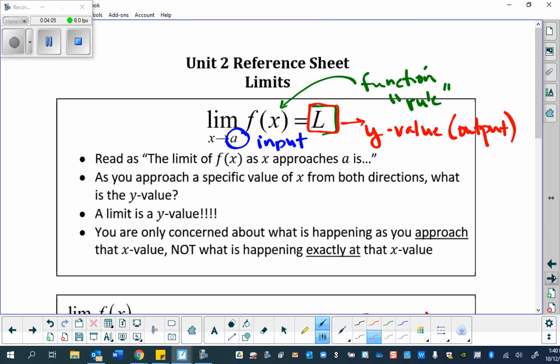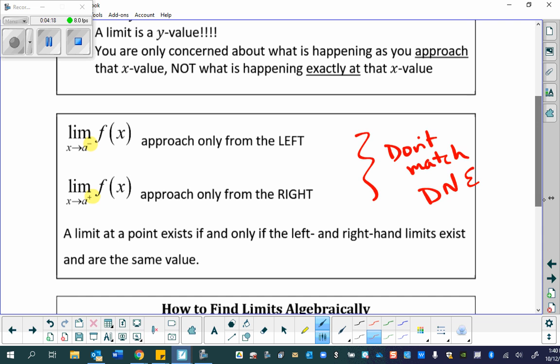Okay. Our reference sheet reminds us, as x approaches, that's our input. What it's approaching is our output, that's our y value. If my limit from my left and right don't match, then the limit does not exist.